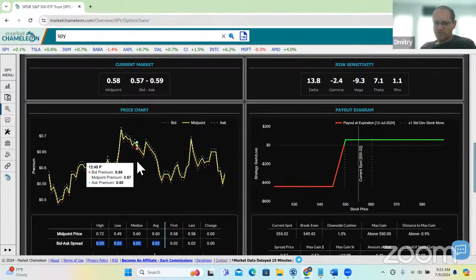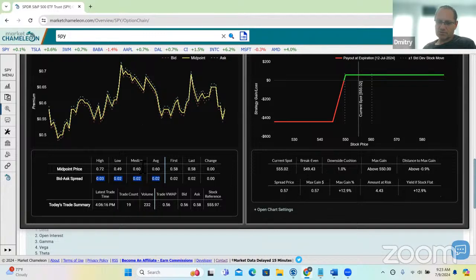If I slide down here, here's something else interesting. This very spread, even though I just randomly selected it for demonstration, what the machine picked out is that this spread actually traded yesterday.